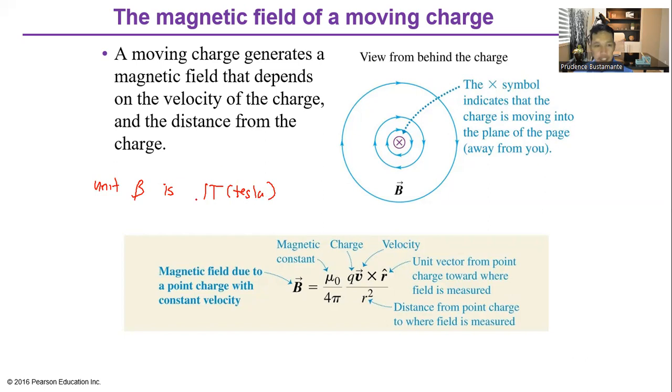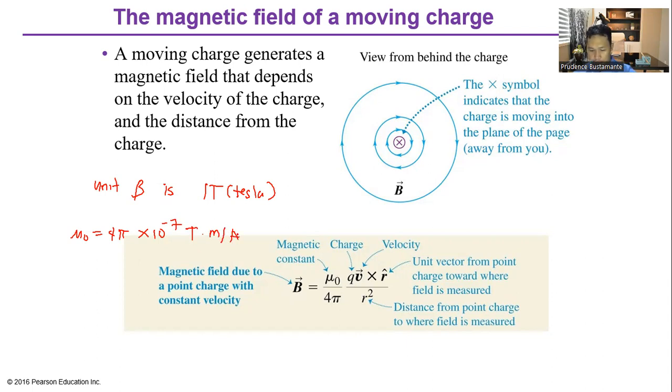For the mu naught, the value of this mu naught is equal to 4 pi times 10 to the negative 7 Tesla meter per ampere.